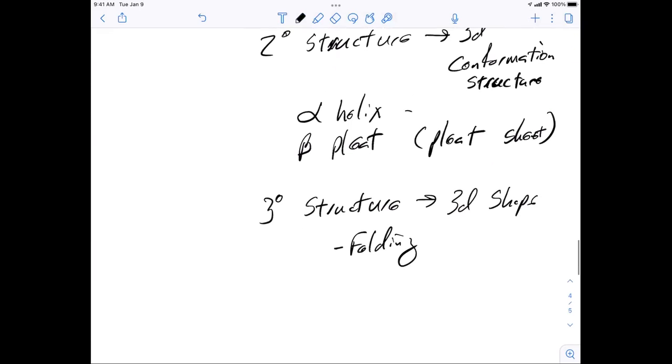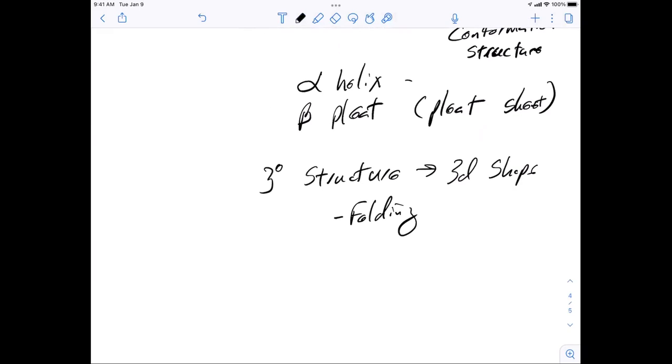And this one has to do with the folding, right? As the protein is going together in the enzyme that's creating the protein, it's going to have a very definite shape, right? And that folding of that protein is going to be a 3D structure.